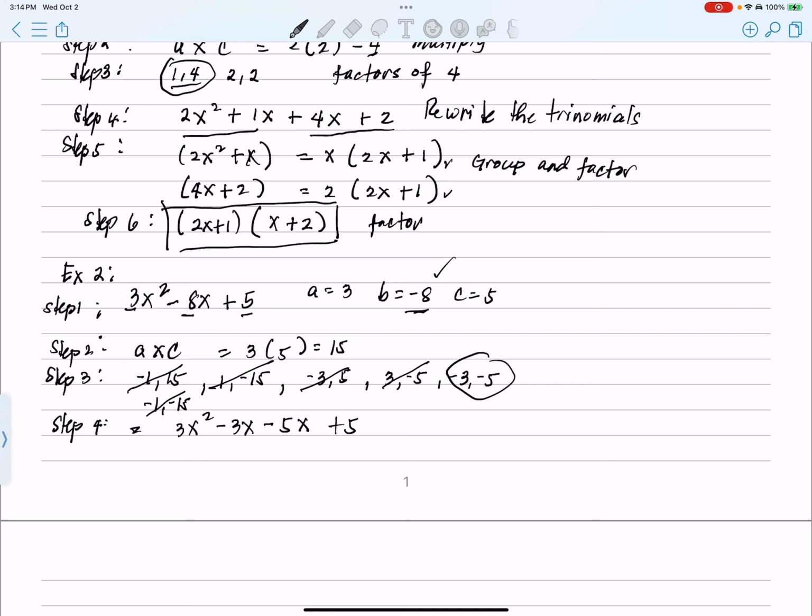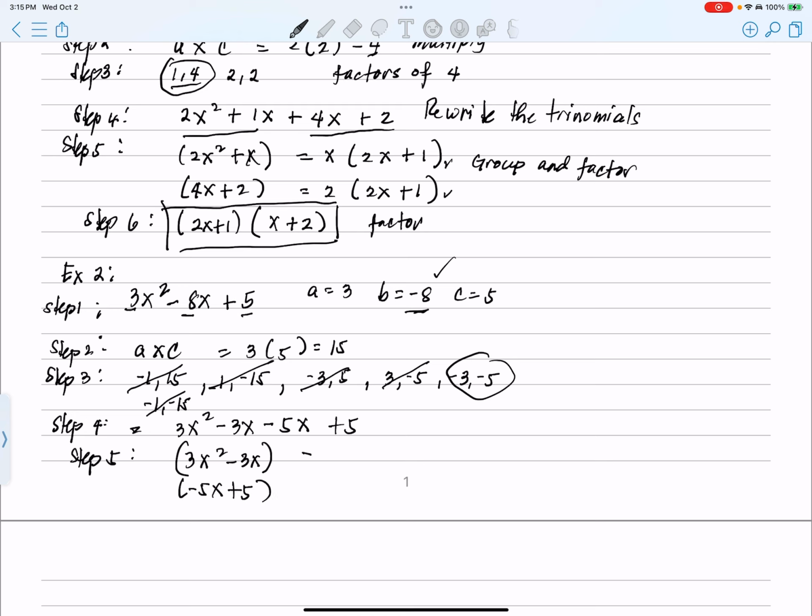By simplifying, we come up with 3x squared minus 3x minus 5x plus 5. Let's do the grouping this time. Step 5. So our group is 3x squared minus 3x. That's our first group. Then the other group, negative 5x plus 5.